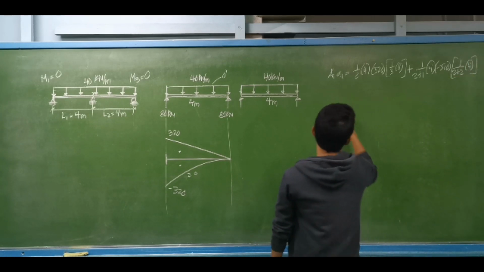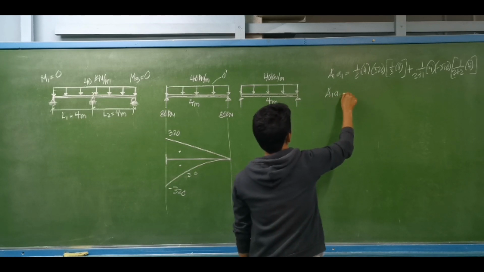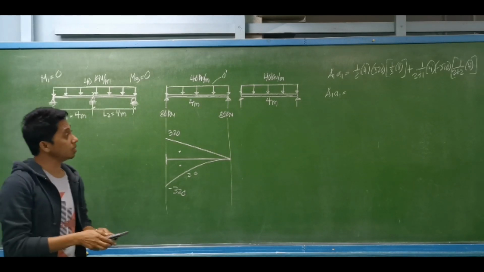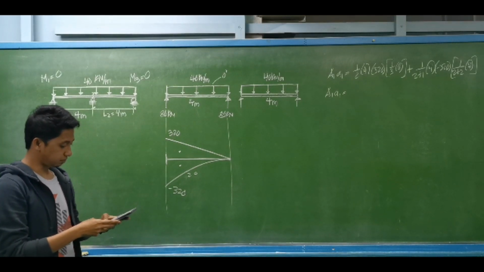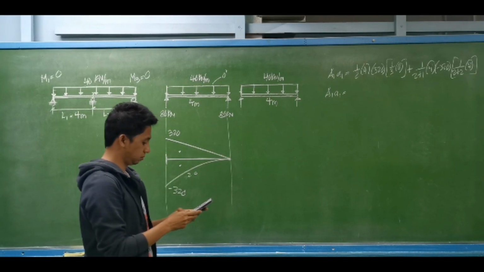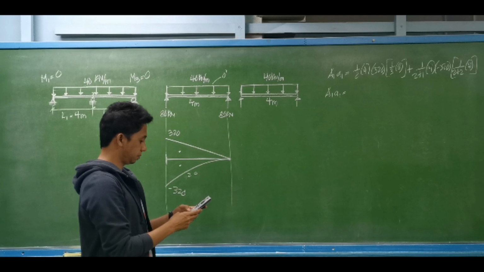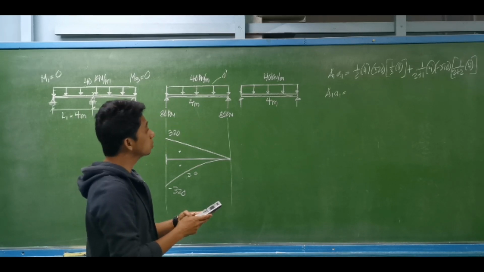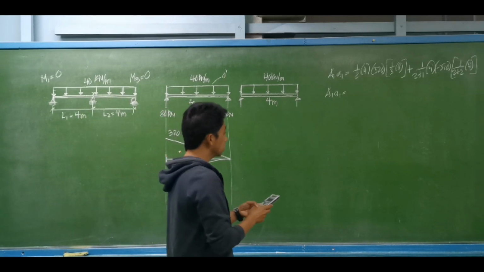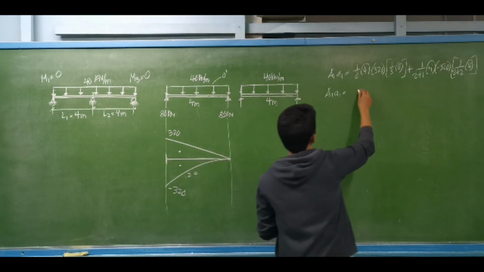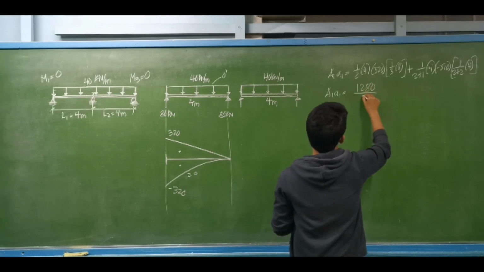So let's compute the equivalent of A1, the statical moment area of the left span, which is equal to 1,280 over 3.